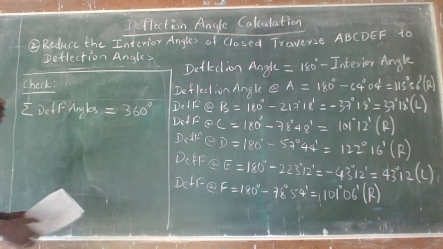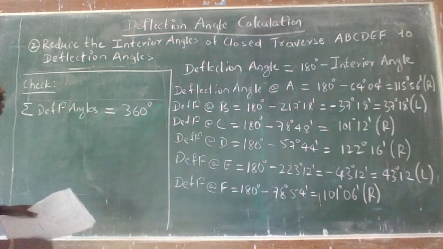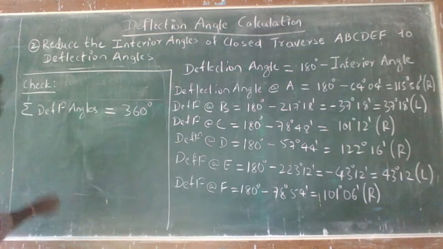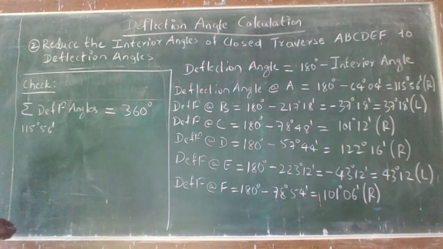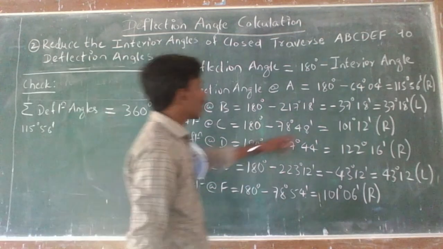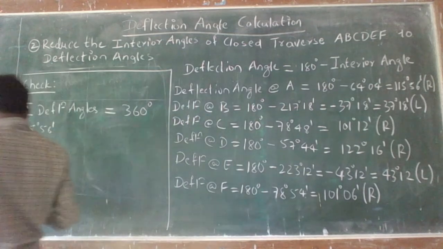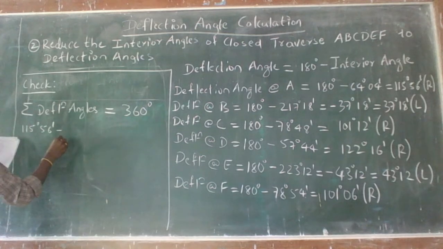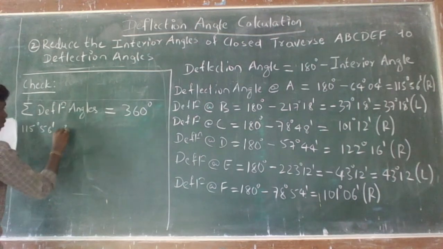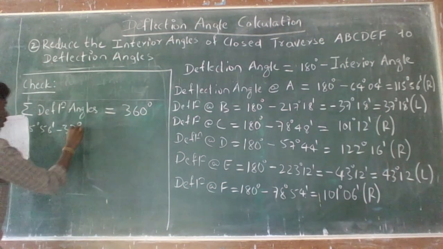So now let's check. The first deflection angle of A is 115 degrees 56 minutes. Now the next one is 37 degrees 18 minutes left. As it is towards left, we have to use the sign minus: minus 37 degrees 18 minutes.